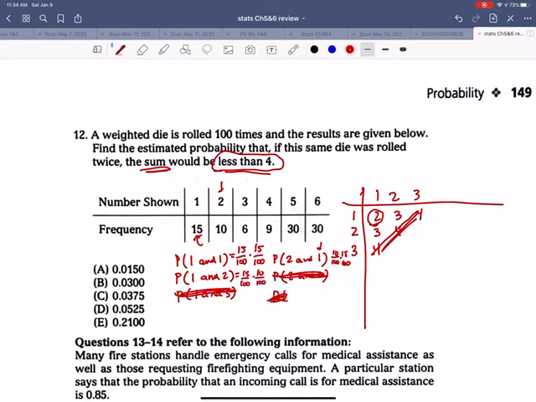Then I get to add these up. So that would be 225 over 10,000 plus 150 over 10,000 plus 150 over 10,000. So in total, that's 525 per 10,000. So that would be D. Nice work.